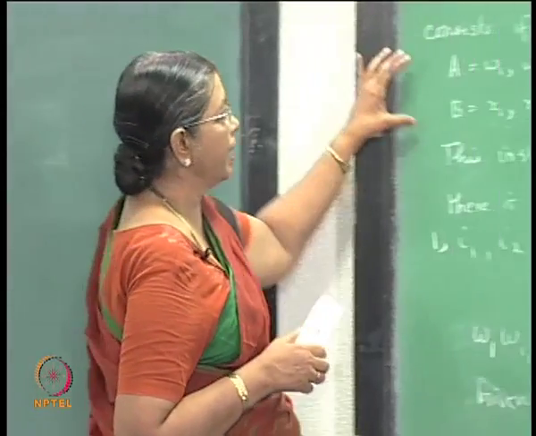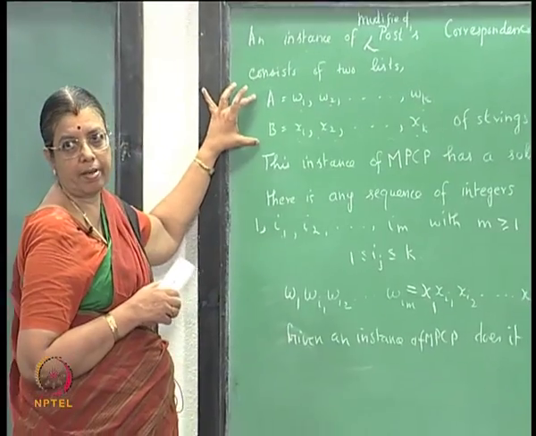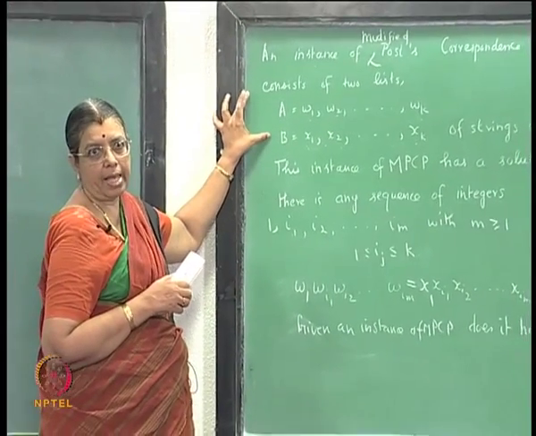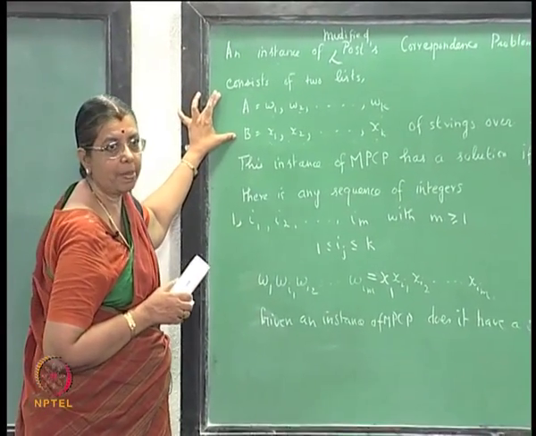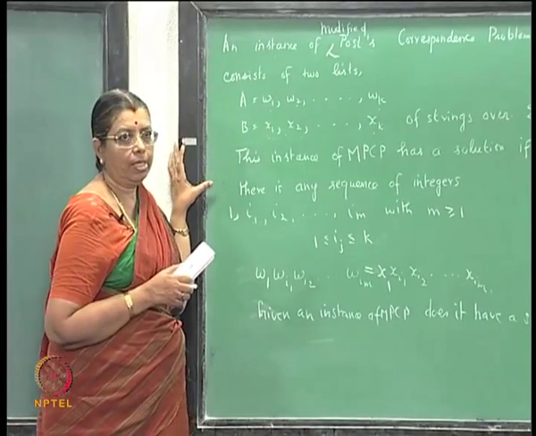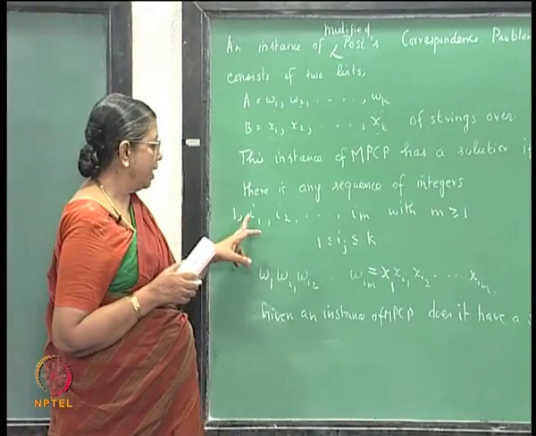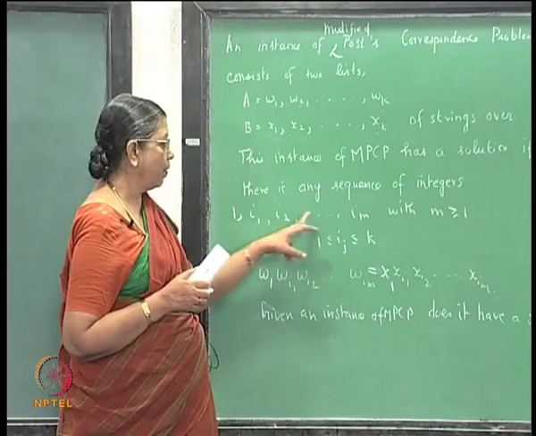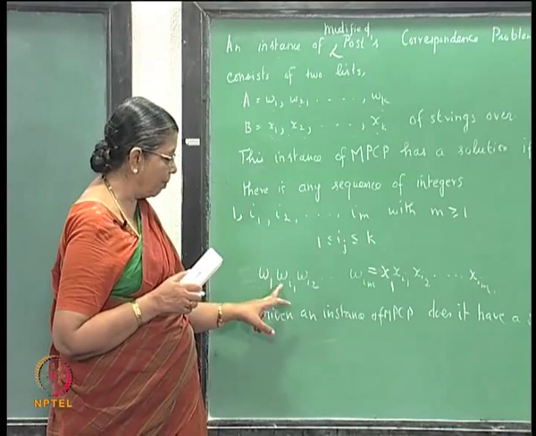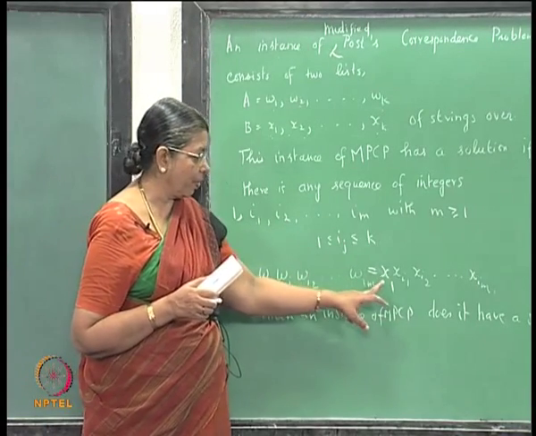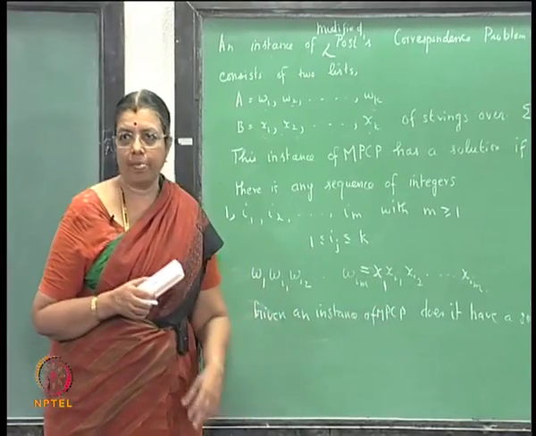Modified PCP has again two lists with k strings each, and this modified PCP has a solution if you can find a sequence of integers 1, I1, I2, ..., IM such that W1 WI1 WI2 ... WIM is equal to X1 XI1 ... XIM.